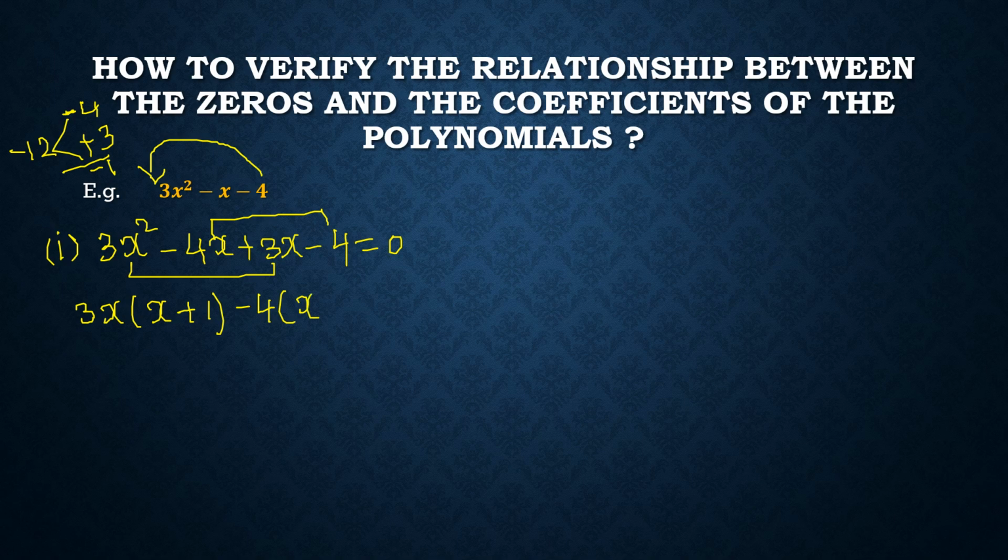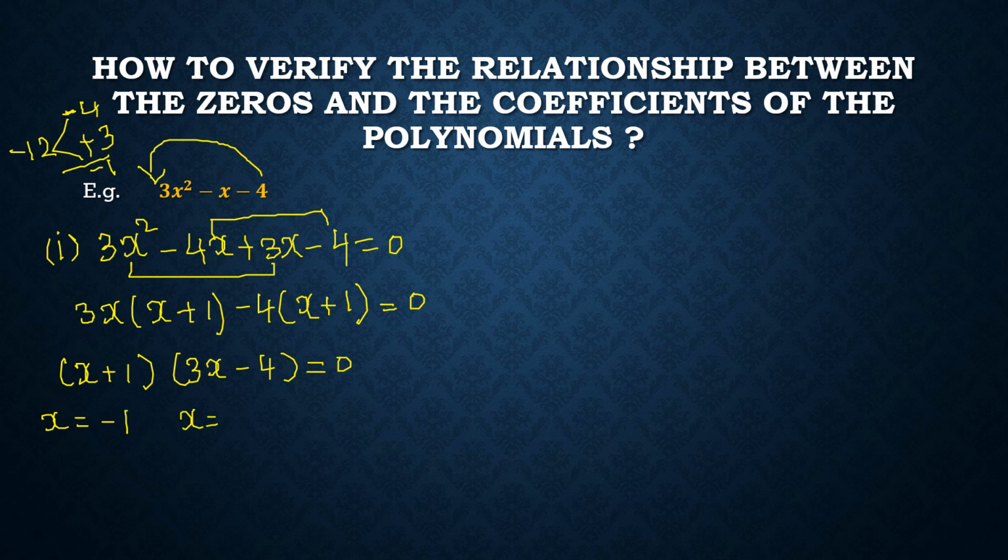So I'm taking the leftover in the second term as x and in the fourth term as 1, equal to 0. Now again we can take x plus 1 in common, then the remaining is 3x minus 4 equal to 0. Then what are the zeros of the polynomial? One zero is x equal to minus 1, and the other zero is x equal to 4 by 3. How do you get x equal to 4 by 3? 3x minus 4 equal to 0, then 3x equal to 4, then x equal to 4 by 3.